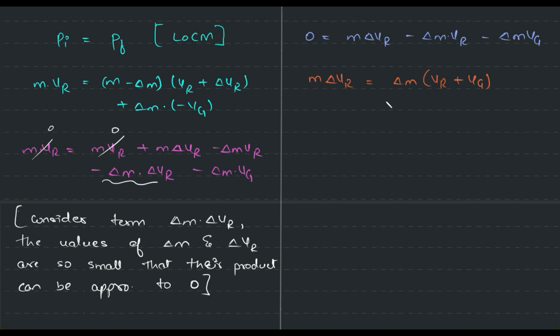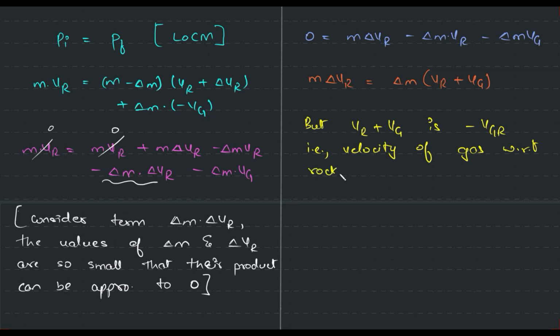So Vr plus Vg is minus Vgr, that is the velocity of gas. Again, this is relative velocity. You guys have to be clear with this by now, with respect to the rocket. So I'll substitute that: m delta Vr is equal to minus delta m Vgr.